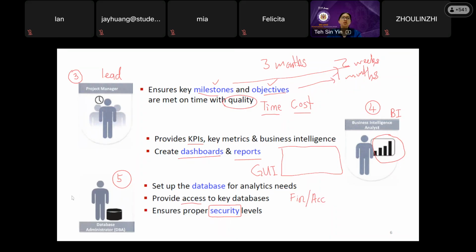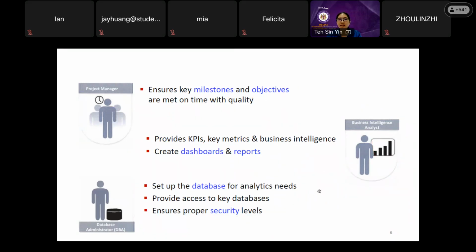Okay, so when we come to this stage, you can see altogether there are 7 roles. Now we have only reached number 5. You will notice that some of the roles may have overlapping jobs. So it is not necessary that if I am the business analyst, I can only build dashboards. Sometimes the business analyst will also help to build the model.